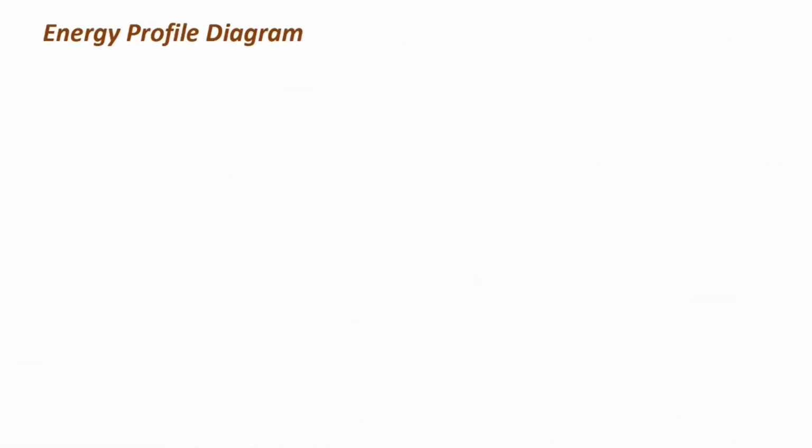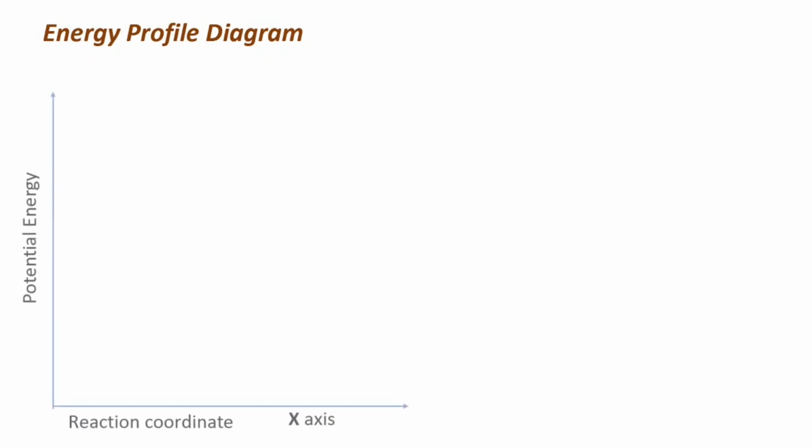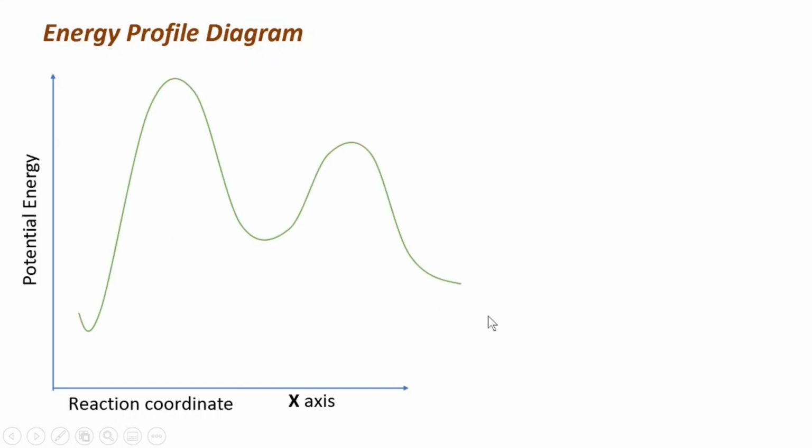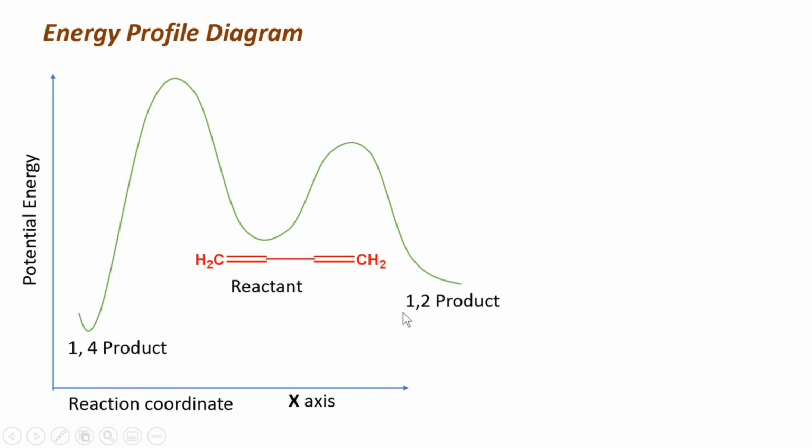Now let us consider the energy profile diagram of the previous reaction, in which reaction coordinate is plotted on the x-axis and potential energy is plotted on the y-axis. Here I draw the reaction curve. This point is considered as the reactant point and these two points are considered as product points.